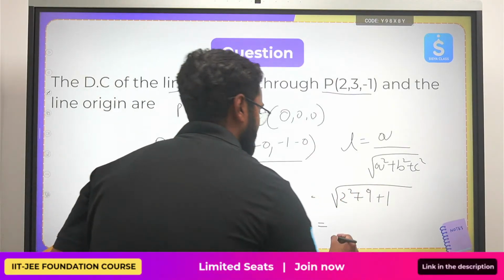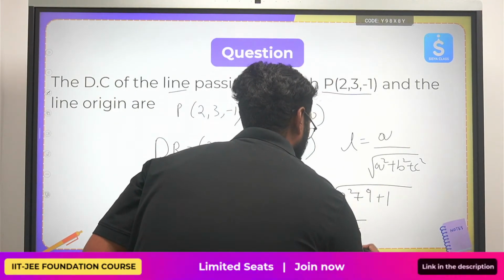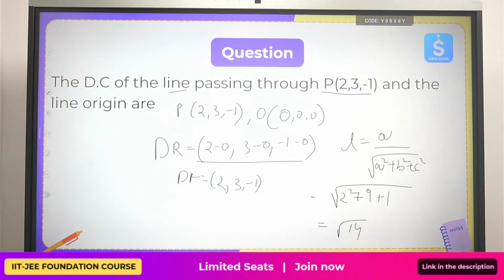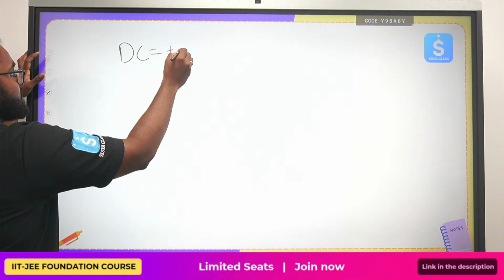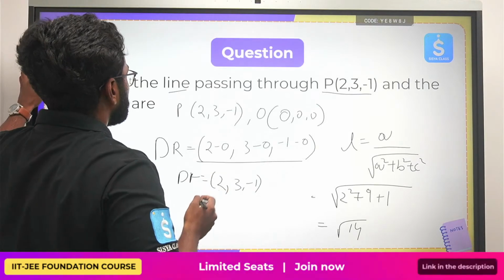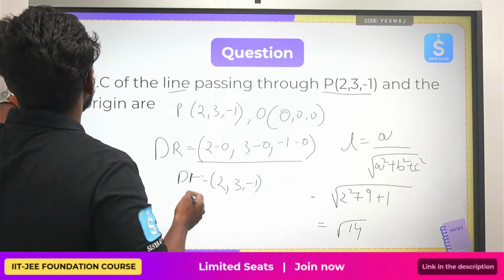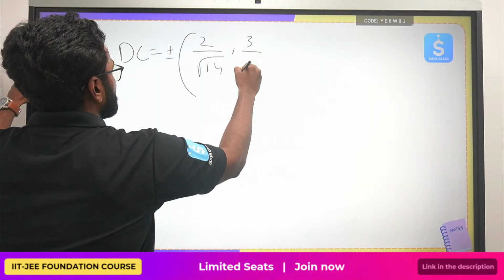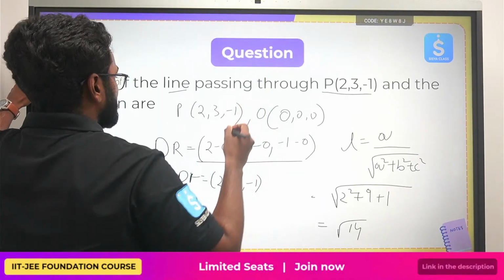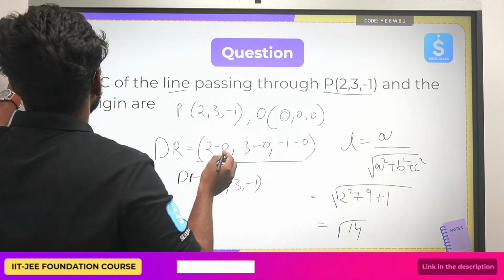How much is it? 14. So it's root 14. Now, the direction cosines are plus or minus, depending upon the question or options, 2 by root 14, 3 by root 14, minus 1 by root 14.